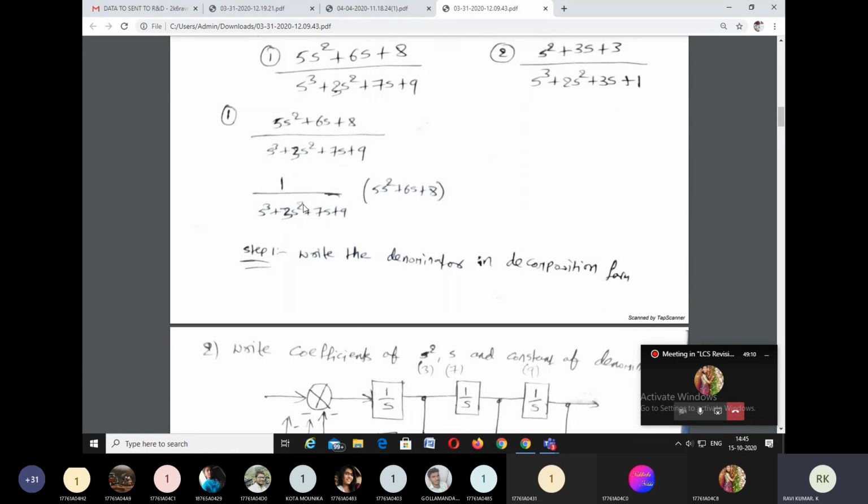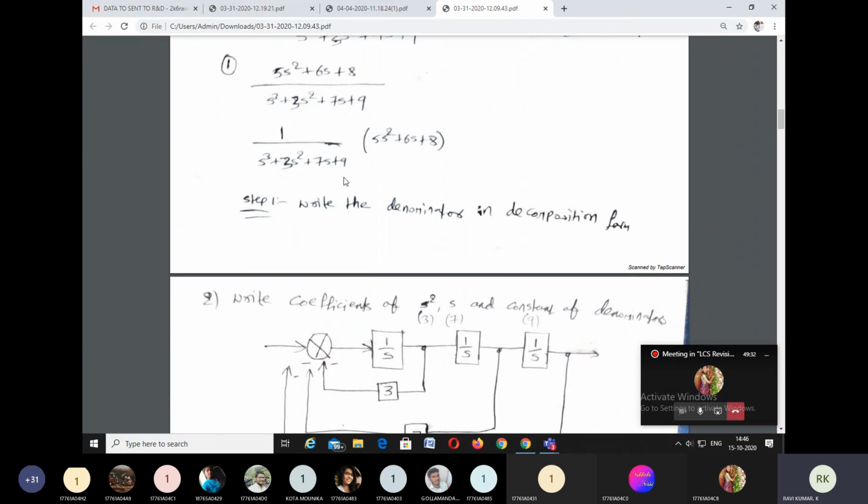After that, next you have to write the block diagram model of this denominator, right? The denominator contains 9 as the constant coefficient, 7 as the s coefficient, 3 as the s square coefficient, and 1 as the s cube coefficient. To write the model, you have to use these coefficients.